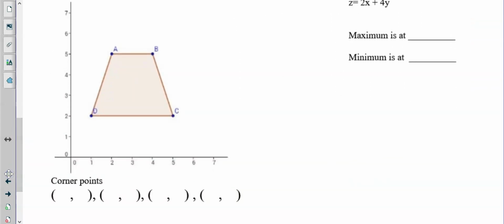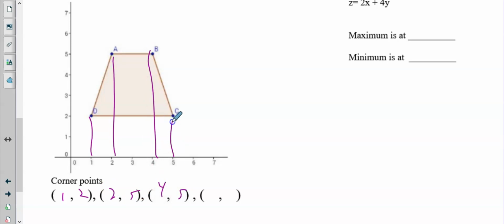Okay, first thing we need to do here is identify points. So this is 1, 2, 2, 5, 4, 5, and 5, 2. And we're going to plug that in to those 3 points. So 2x, 4y. So 2 times 1 is 2, plus 4 times 2 is 8.